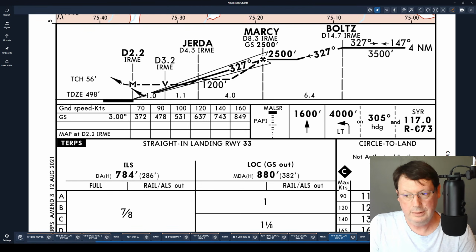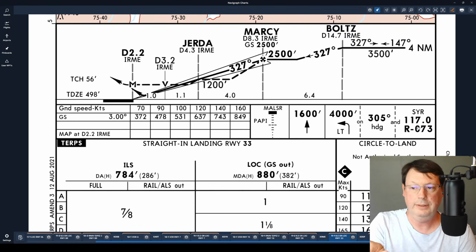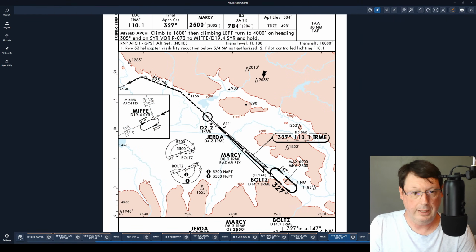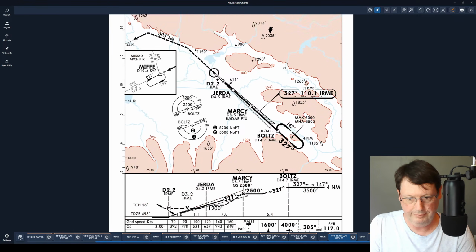When you went missed, you would want to activate that frequency and then turn the dial to the radial 073, which is an inbound heading of 253. Then you would come out on the 305-degree heading until you intercepted that radial coming out from the Syracuse VOR, and then fly it over here to MIFFY.